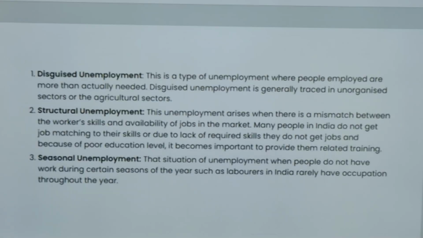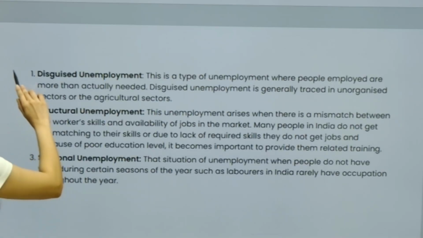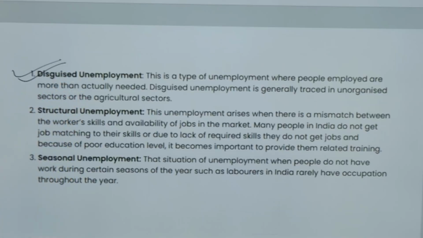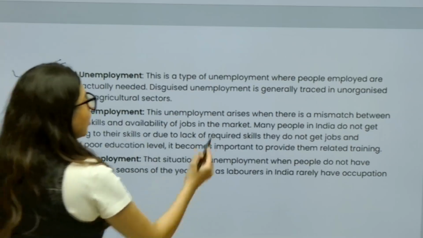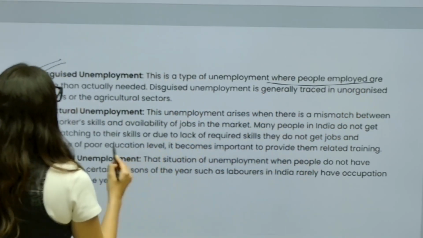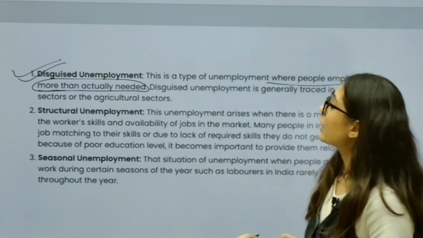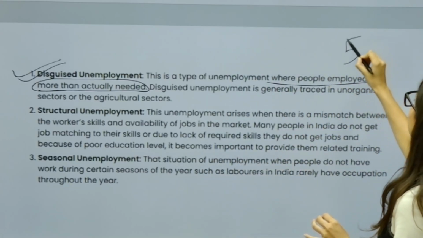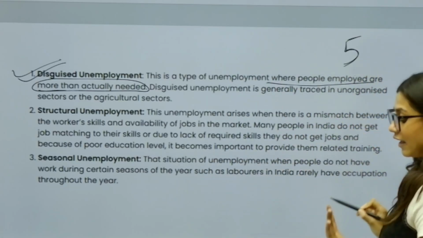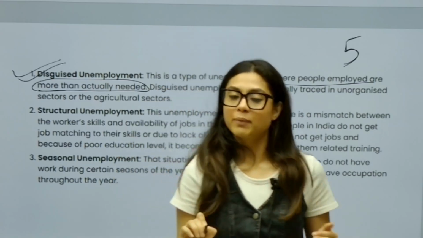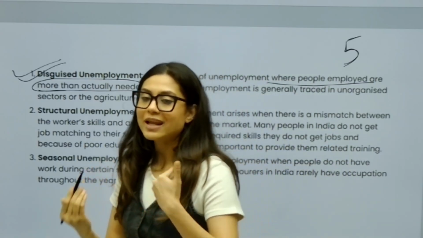So what are the types of unemployment? Number one is disguised unemployment, where the number of people employed is more than actually needed. For example, if in my organization I require just 5 people to do all the work, but there are 10 people there, I am paying for 5 extra.